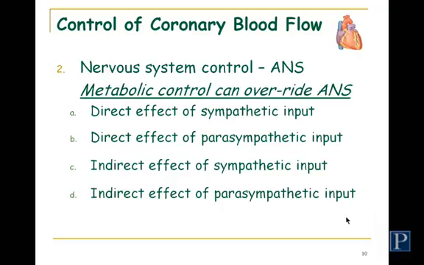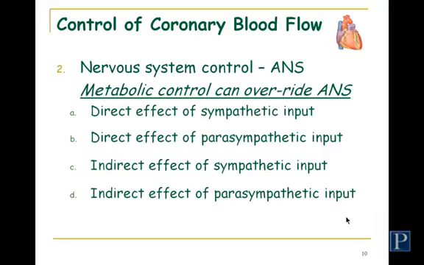If you have an increased sympathetic activity in the heart, you're going to increase heart rate, you're going to increase cardiac contractility by way of its effects on the beta-1 adrenergic receptors found in the SA node and in the myocardium, the muscle itself. So an increase in metabolism will result when heart rate goes up and contractility goes up.